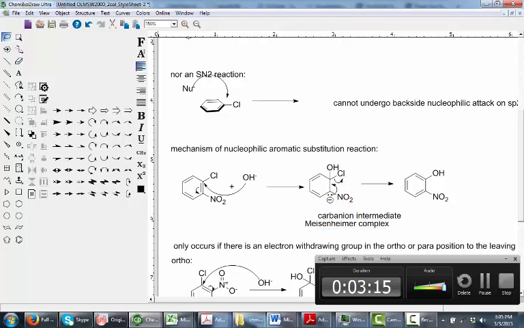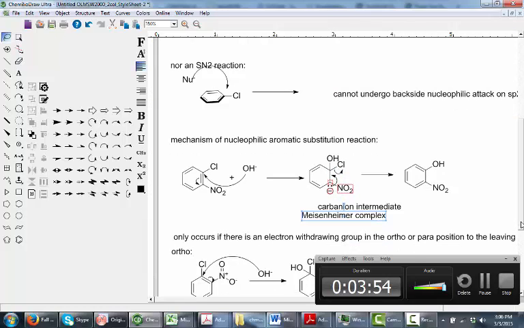This is the key intermediate formed here, where the carbanion comes from the lone pair of electrons in this double bond localizing at this position. In the second step, those electrons reform the aromatic ring. You push off the chloride, and you have the net substitution of chloride by hydroxyl. OH minus attacks, you form the carbanion Meisenheimer complex, that then kicks off the chloride, and you end up with your desired product.